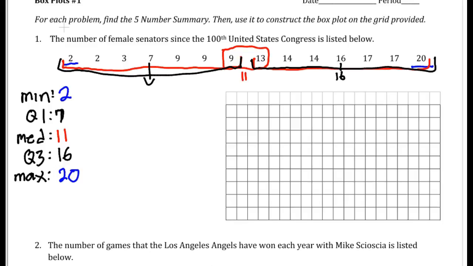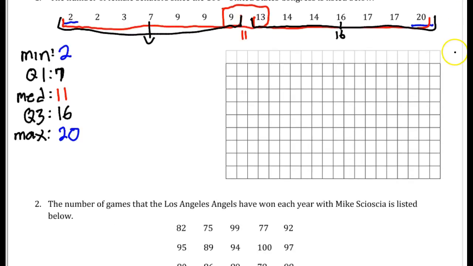So the only thing I'm showing you today is how do you graph this. Very important. You're going to use the min and the max to figure out what you should count by here. So count how many squares there are from left to right. 1, 2, 3, 4, 5, 6, 7, 8, 9, 10, 11, 12, 13, 14, 15, 16, 17, 18, 19, 20.